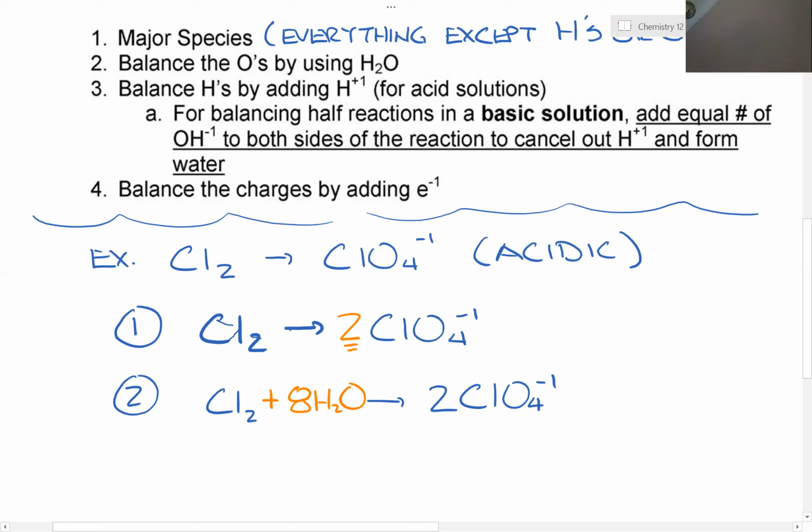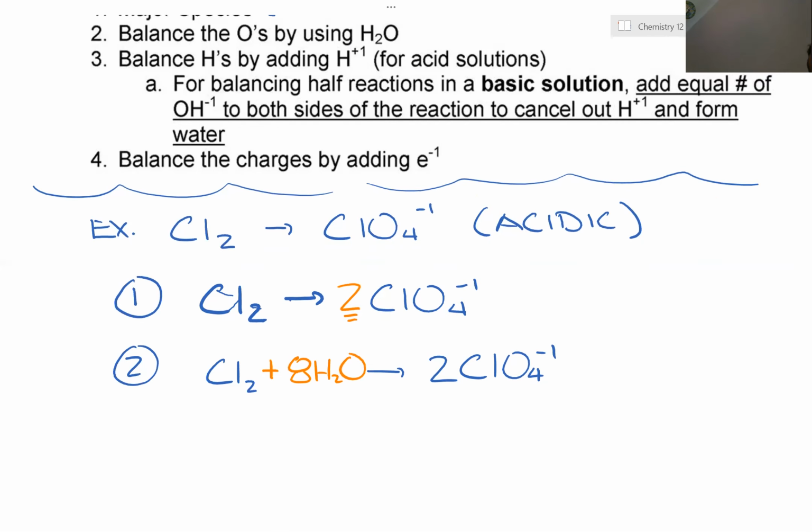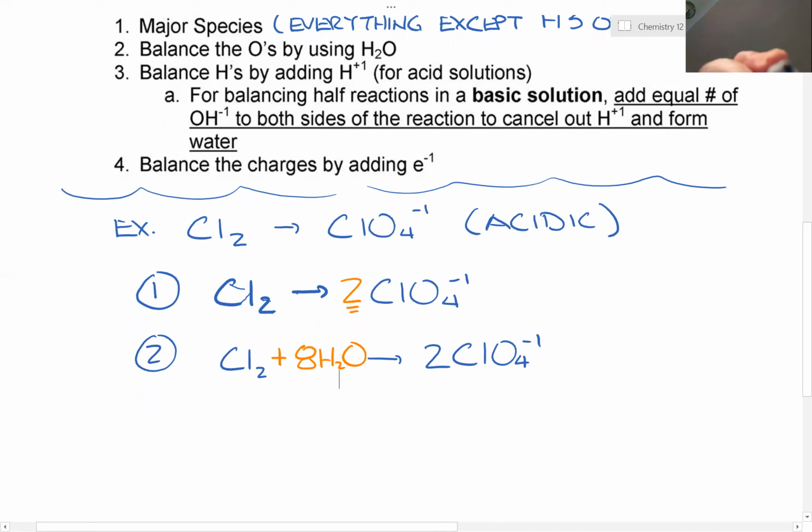Why are we adding 8 waters? Because we want to balance out the oxygens. There are 8 oxygens in total on the right-hand side because we have 2 ClO4s. So we need to add 8 waters to balance out the oxygens.